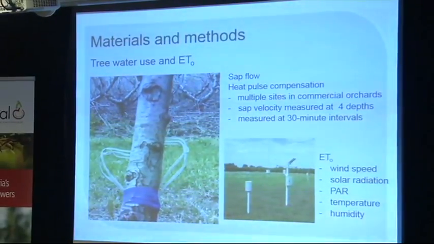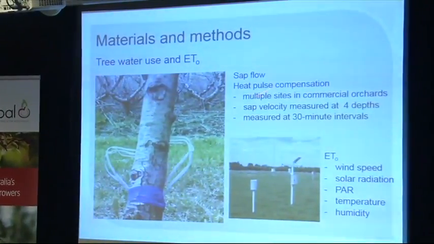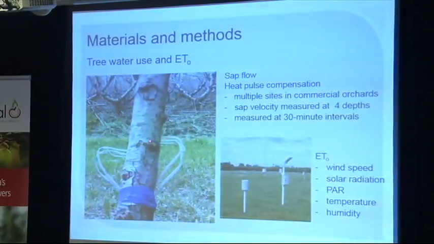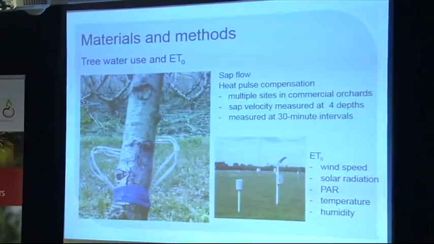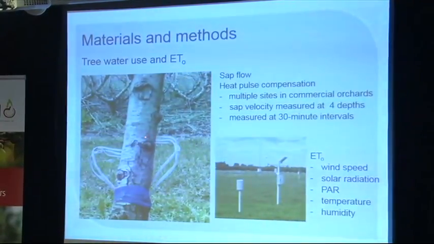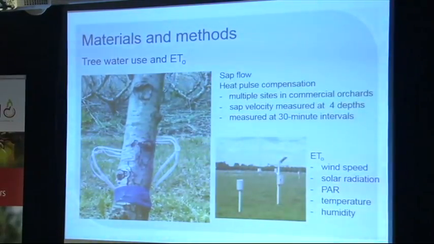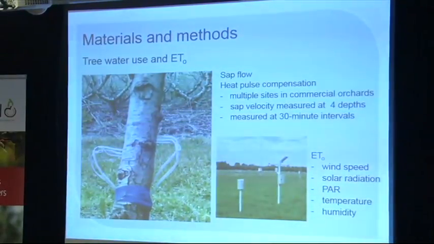We did it both in pears and apples. And these are the sensors here, basically probes that stick into the tree. The middle probe here is basically a heater, and there's temperature sensors located in the upper and lower probes, and you're measuring the rate at which the heat moves through the xylem stream. It's picked up by the temperature sensors in the upper and lower temperature probes.